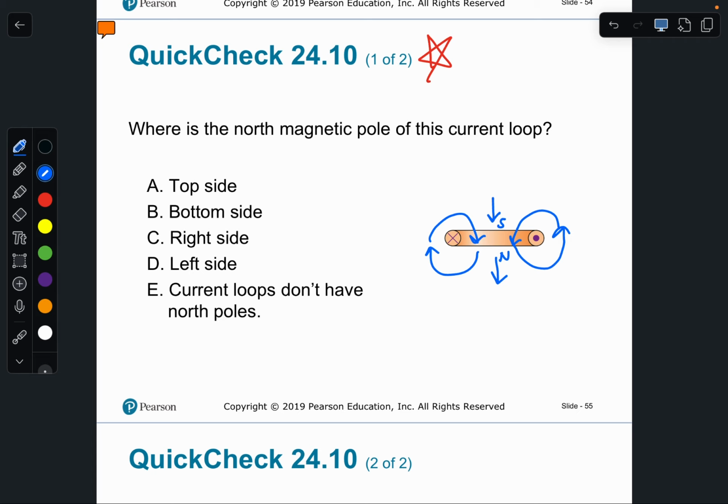On the inside, it points from south to north, which is basically stating the same thing. The outside vectors point from north to south, but the inside vector technically points from south to north. It's all consistent. So the south pole would be on the top and the north pole would be on the bottom.